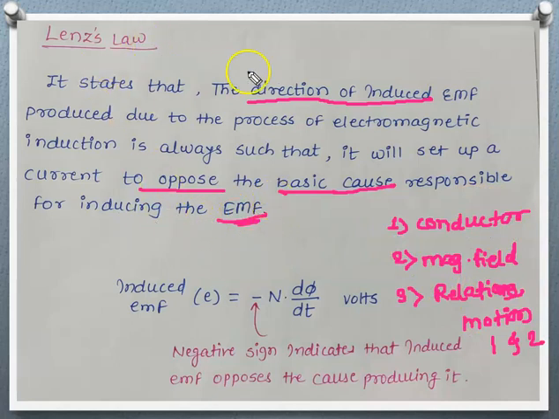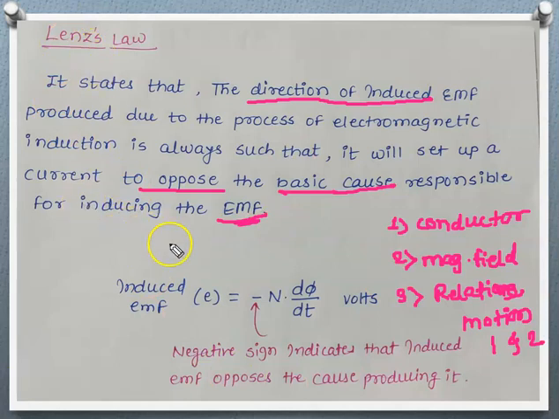Lenz's law states that the direction of induced EMF will be such that it will set up a current to oppose the basic cause responsible for inducing the EMF. And what is the basic cause? The basic cause is the relative motion between the conductor and the magnetic field. So it will oppose the basic cause responsible for its production.